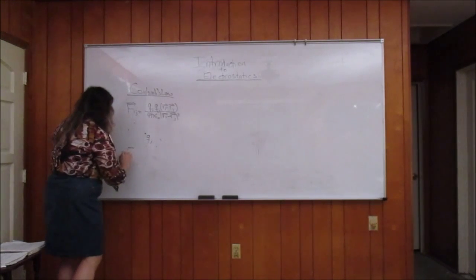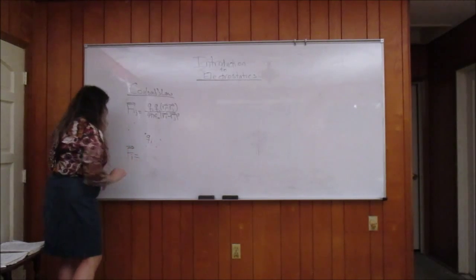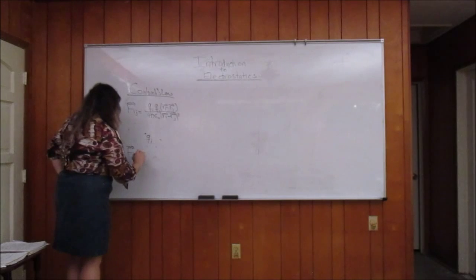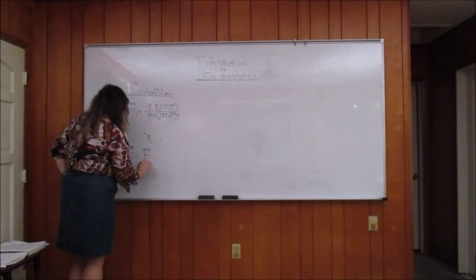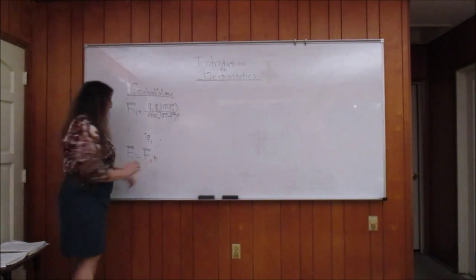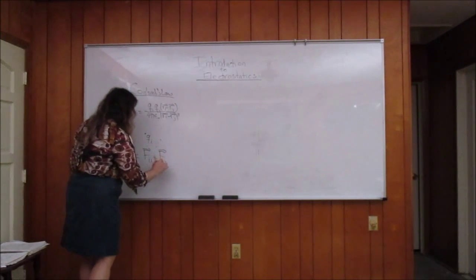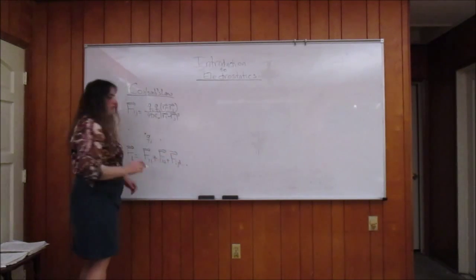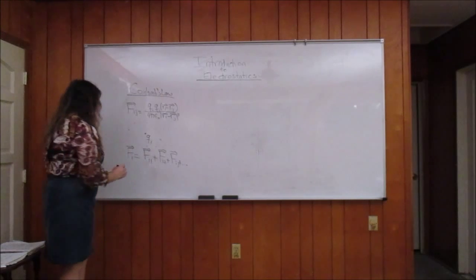So in other words, the force on charge Qi is equal to the force due to charge 1, force due to charge 2, and force due to charge 3, and so forth.